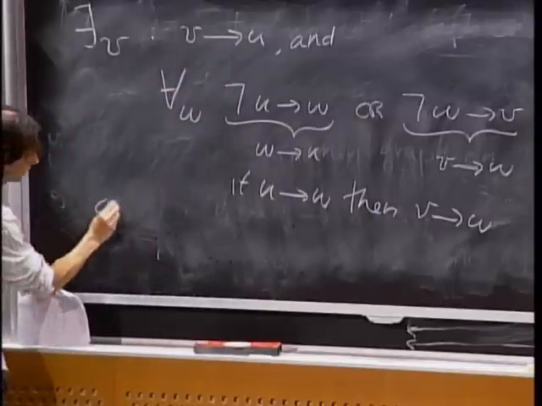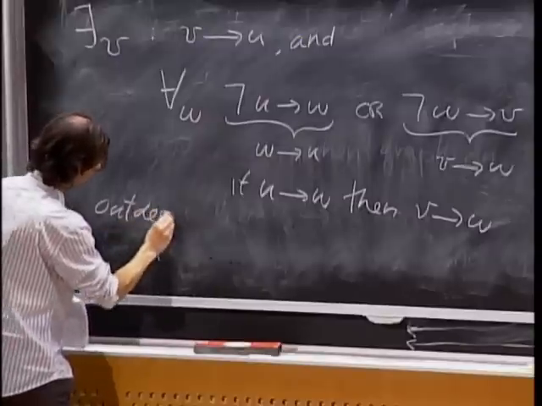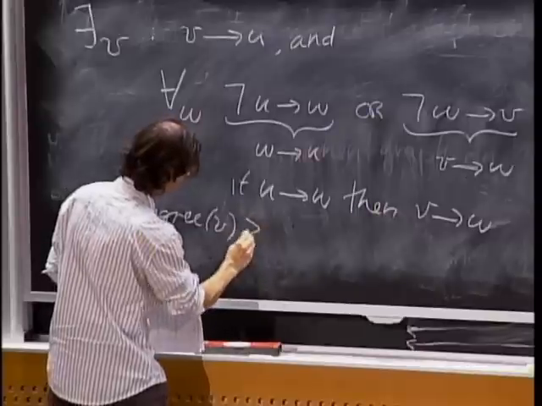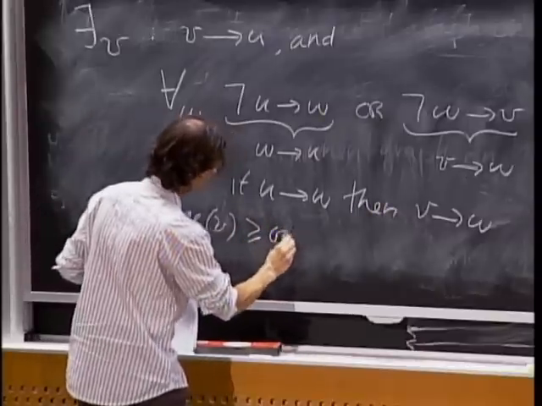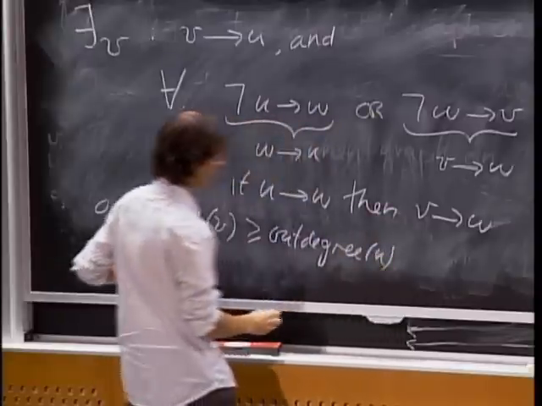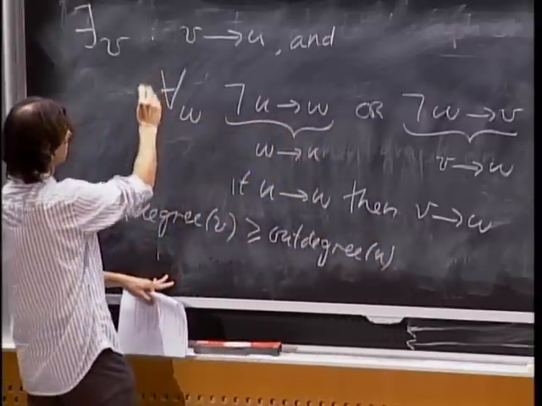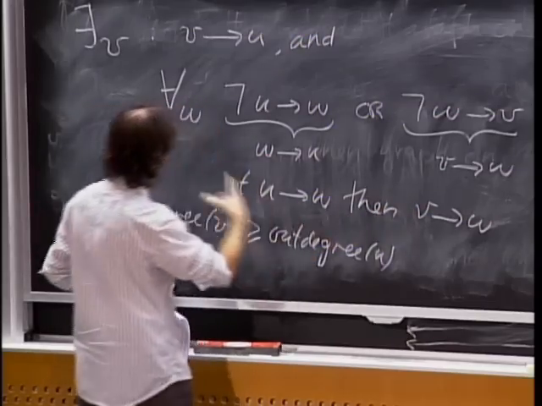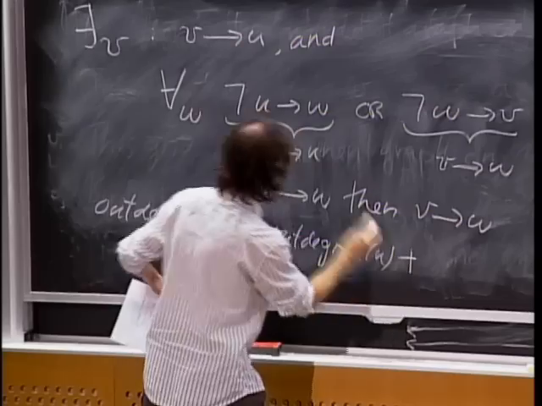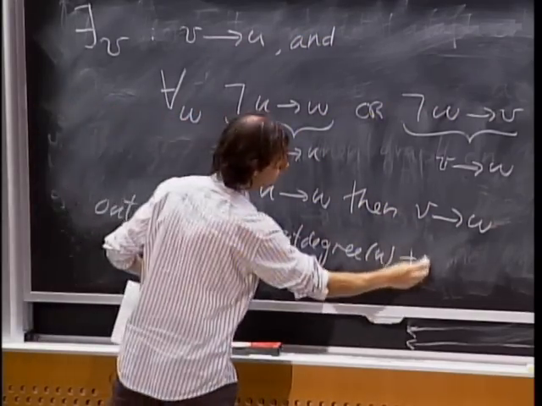So what do we see here? That the out degree of V is actually at least the out degree of U, which is this particular condition that we show here. For all W, we have that this is true, plus we have an extra one, is this one.